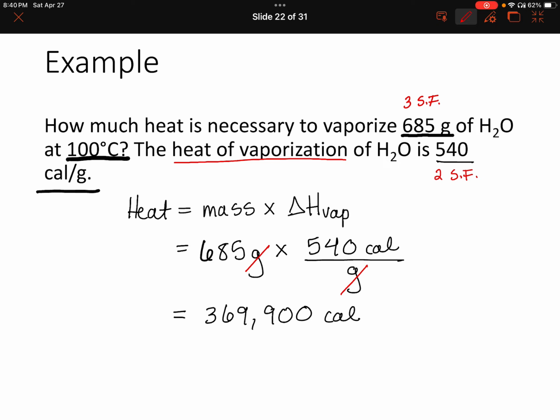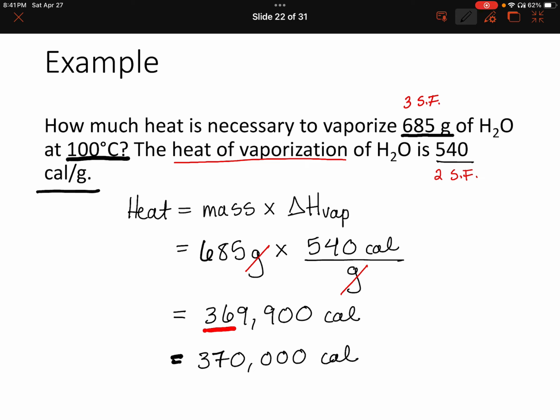We don't have a decimal on the end, so it's only 2 sig figs. So let's limit our final value to 2 sig figs. So let's just round up. So this will be 370,000 calories.